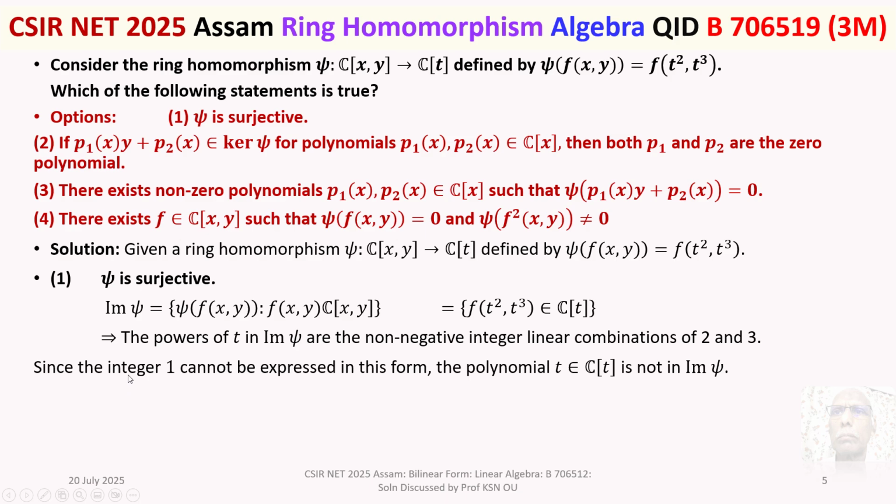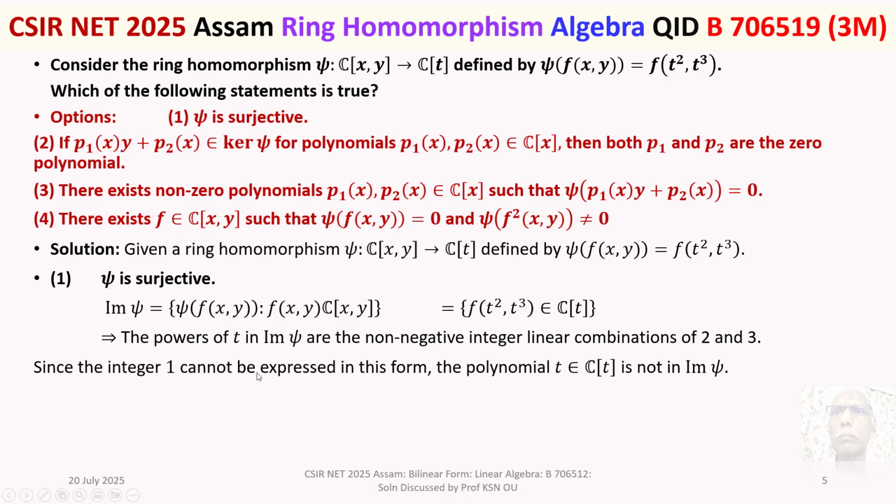What is the power of t? 1. Since the integer 1 cannot be expressed in this form, that is a t^2 plus b t^3 for any a, b, the polynomial t belonging to C[t] is not in the image of psi, because 1 cannot be written as a linear combination of 2 and 3.